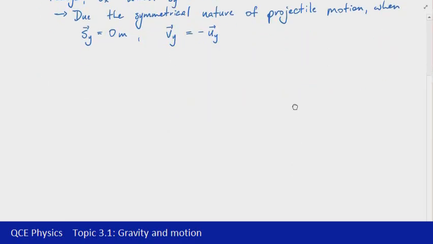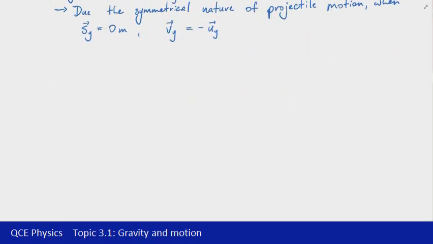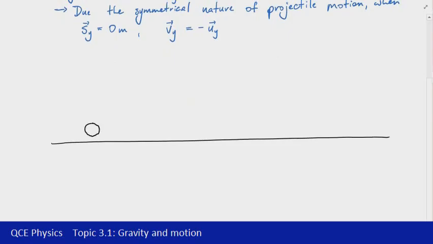To put that into context, let's consider a scenario where we're dealing with, say, a golf ball that's sitting on a tee, and that golf ball is going to be struck by a club. Let's say it's a driver of some description. As that driver is being swung, it's moving with some velocity.